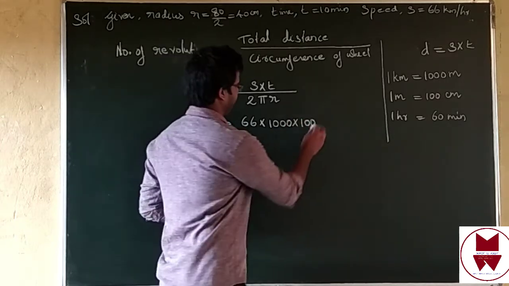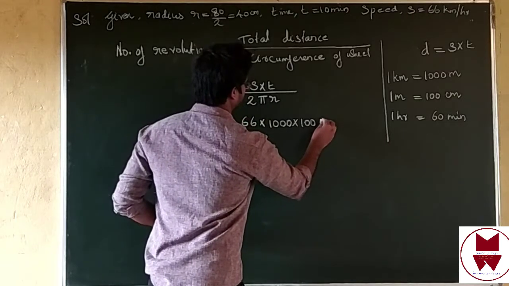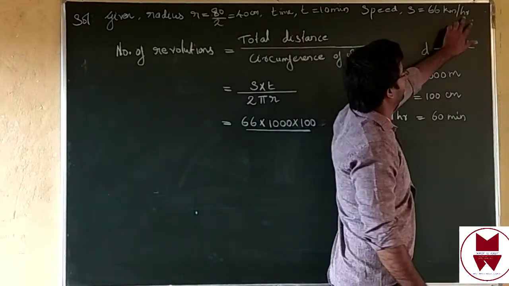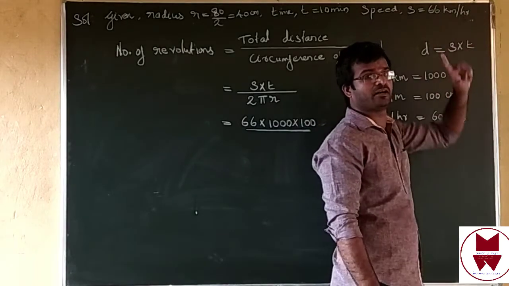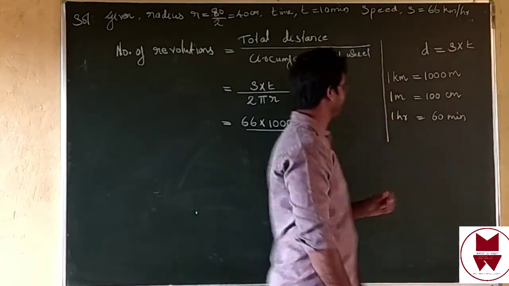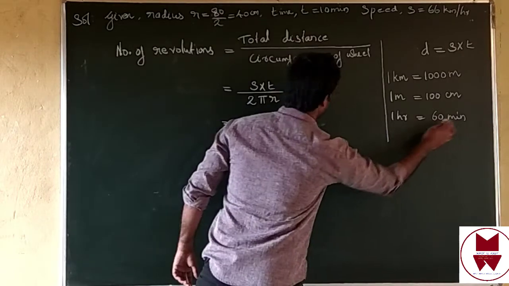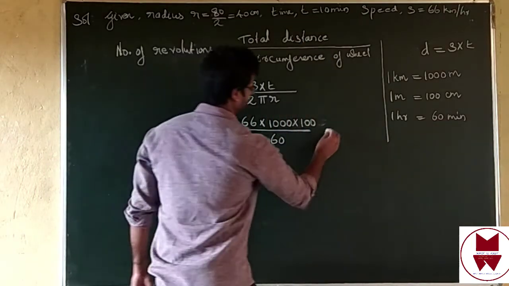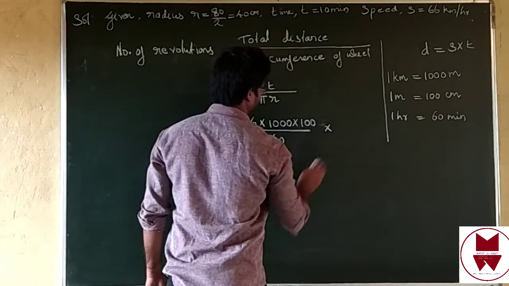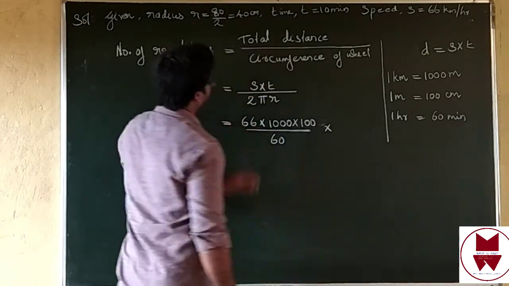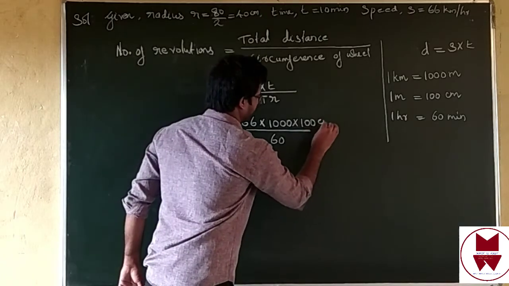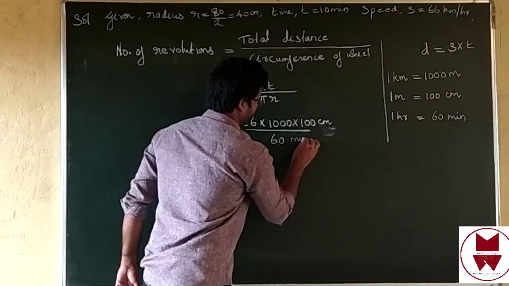Then divide, since we changed kilometer. What is remaining? Hour is there. 1 hour means how many minutes? 1 hour is 60 minutes. Divide by 60. Already the speed is changed to centimeter per minute.